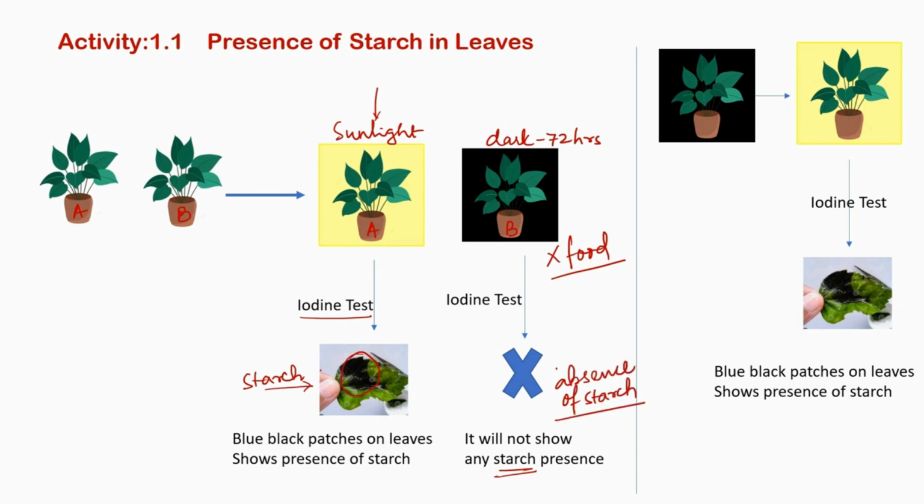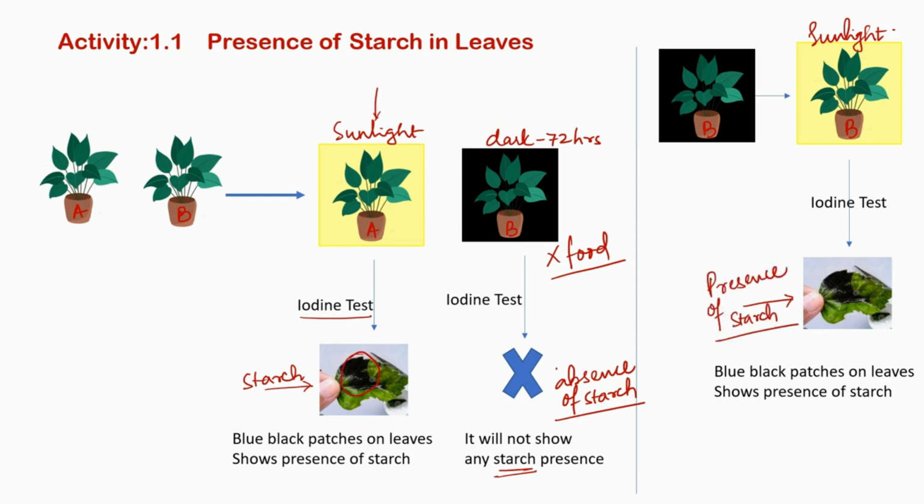Now the same plant B, we keep it in the sunlight, and after some time we perform the iodine test on plant B. It will now show the blue and black patches. That means after keeping the plant in the sunlight, it made food, made carbohydrate, and stored starch in the leaf, and here we can see the presence of starch.